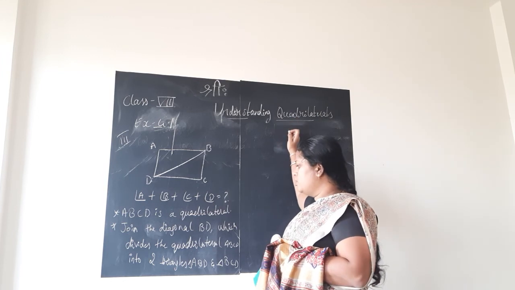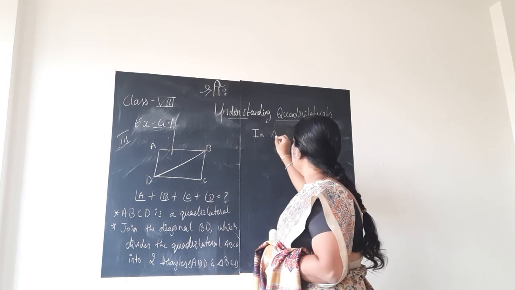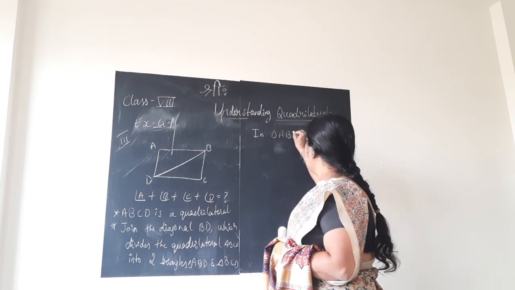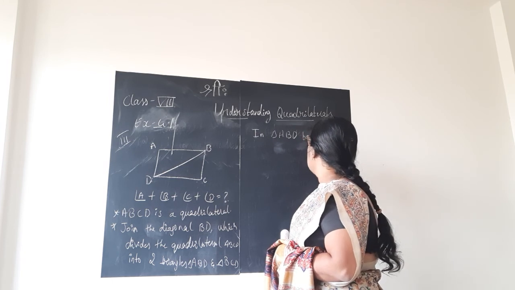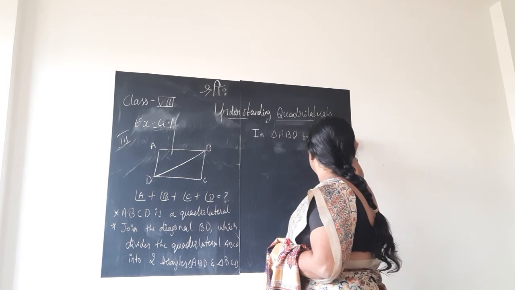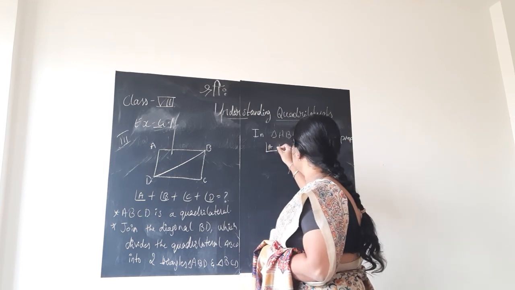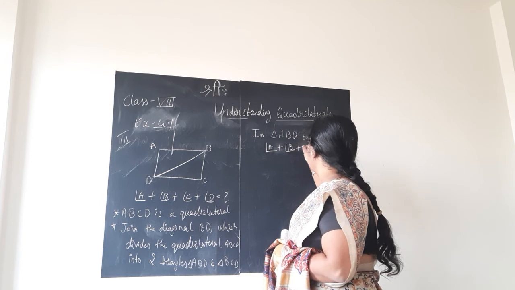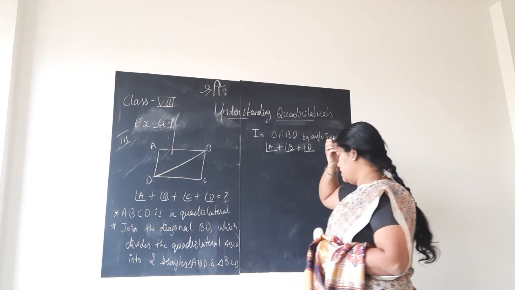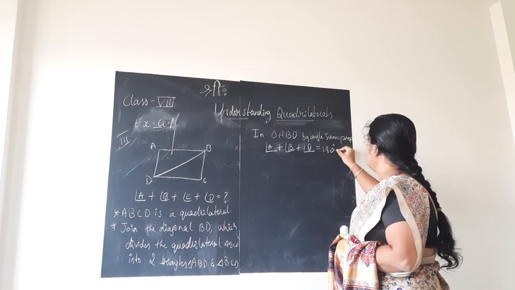Now we know that first triangle we will consider. In triangle ABD, by angle sum property, which are the three angles in triangle ABD? Angle A plus angle B plus angle D is equal to 180 degree.